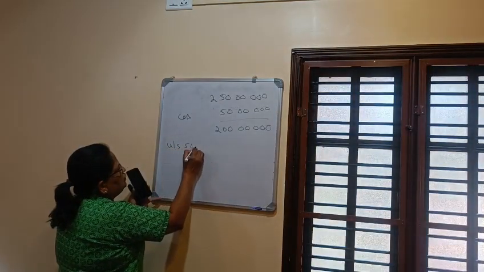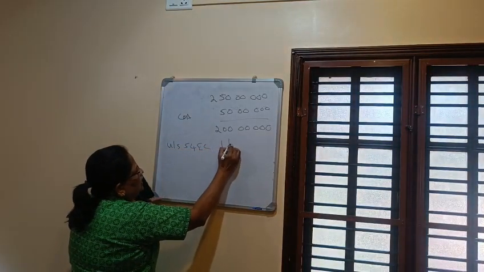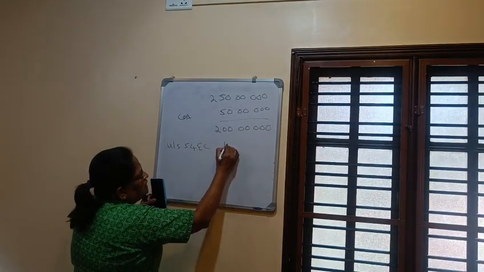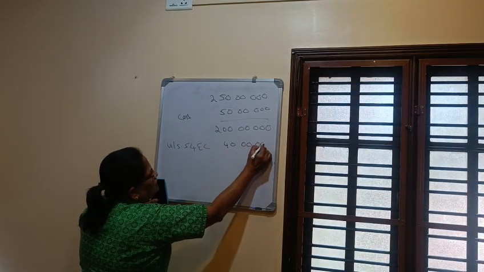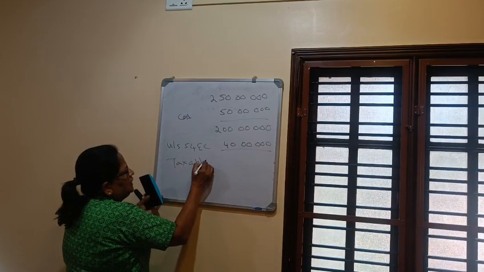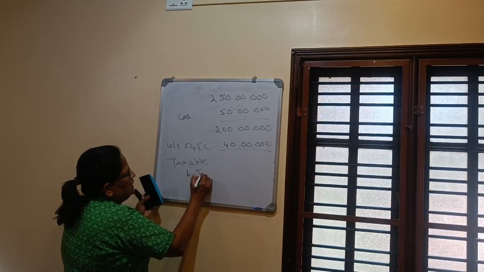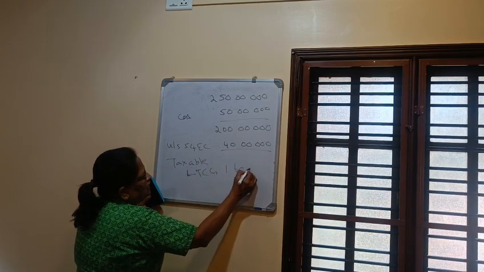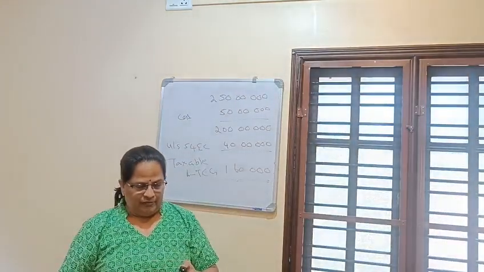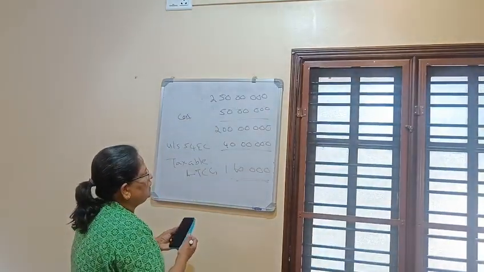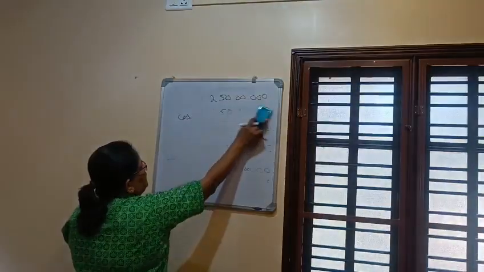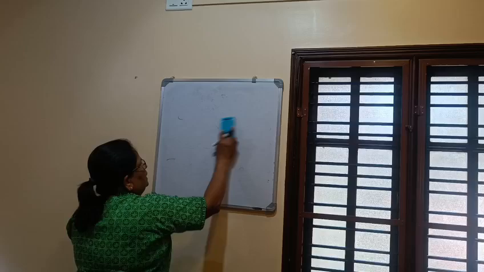Now exemption under section 54EC. Under section 54EC, 40 lakhs we have to reduce, as he has invested this in National Highways Authority of India bonds. So taxable LTCG is 1 crore 60 lakhs. Now we have to calculate the tax liability for this.